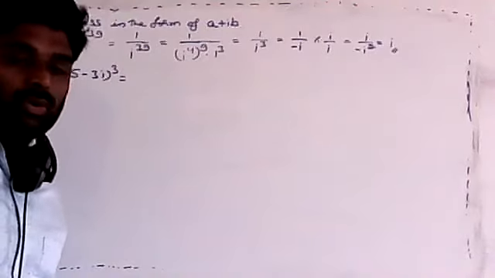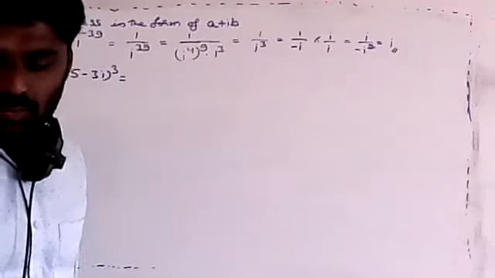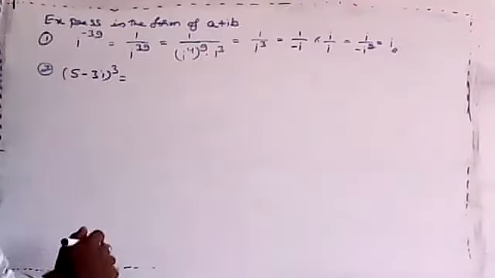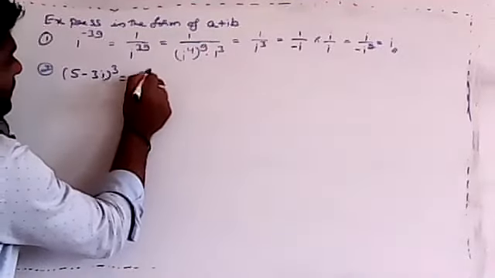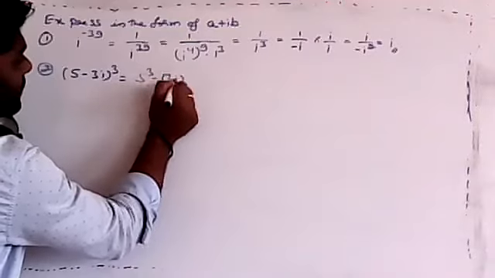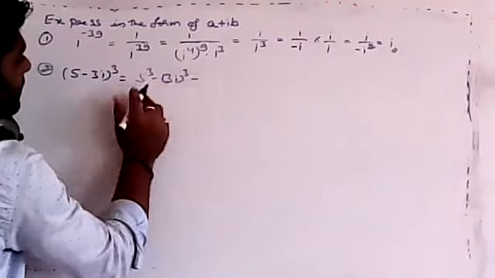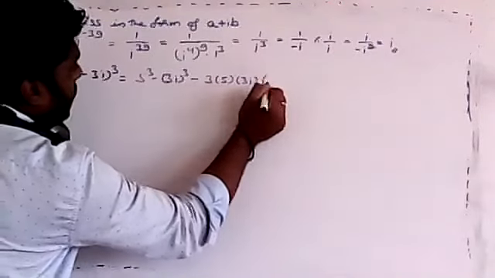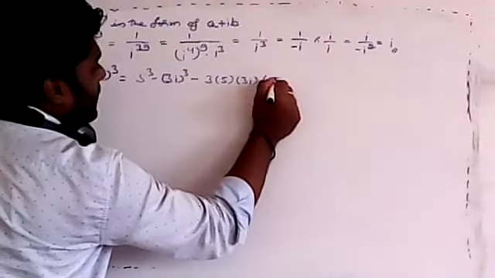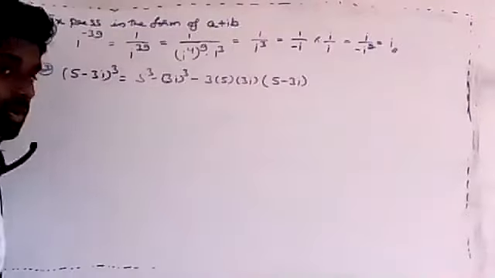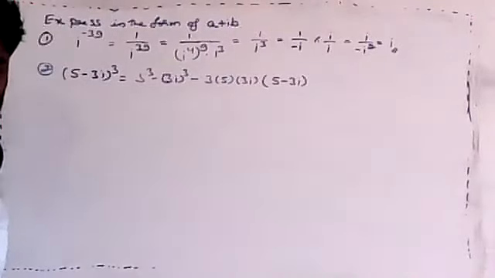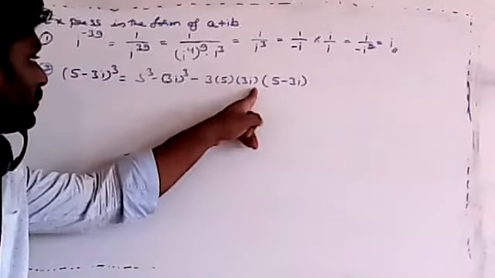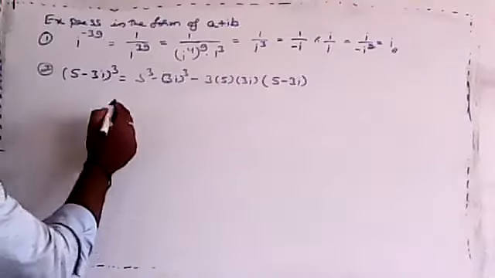It is a cube minus b cube minus 3ab, that is 3 into 5 into 3i into a minus b, that is 5 minus 3i. Correct or not? Yes, good. a cube minus b cube minus 3 into a into b into a minus b. Just expand that one. What do you get?